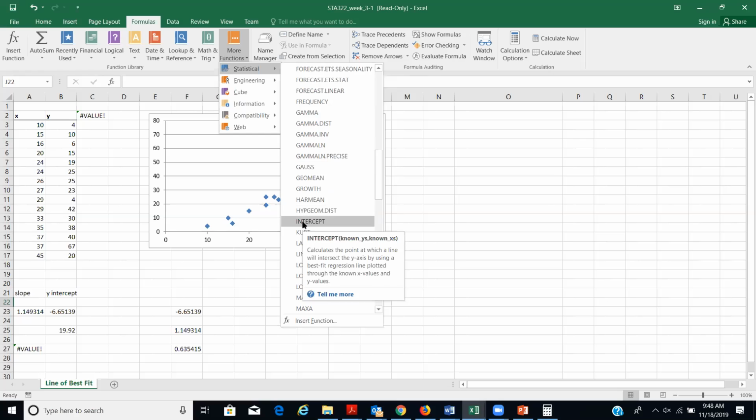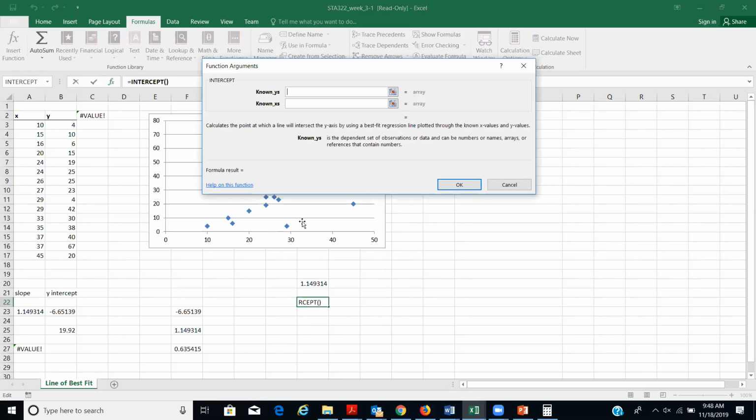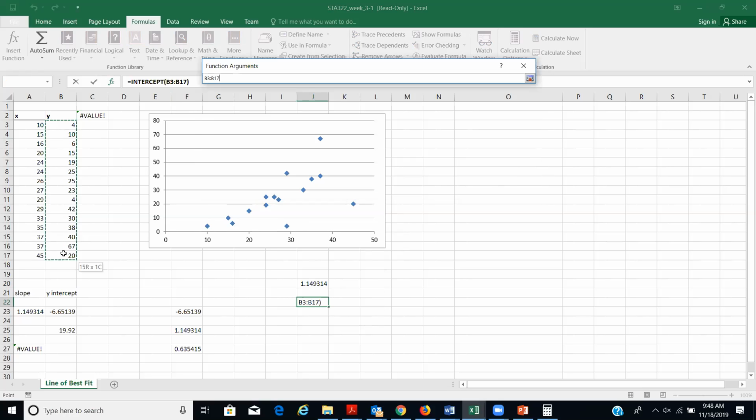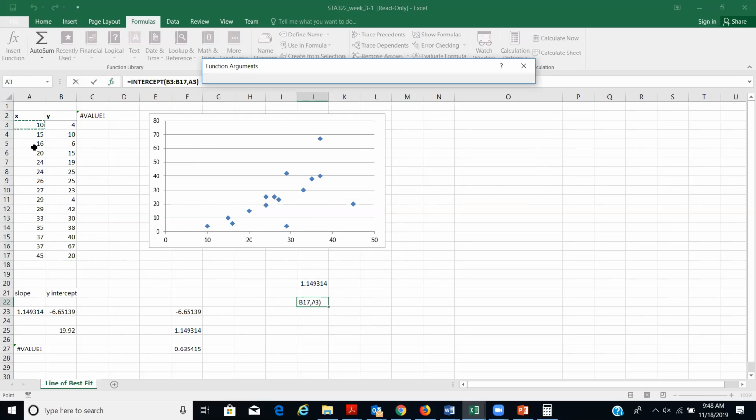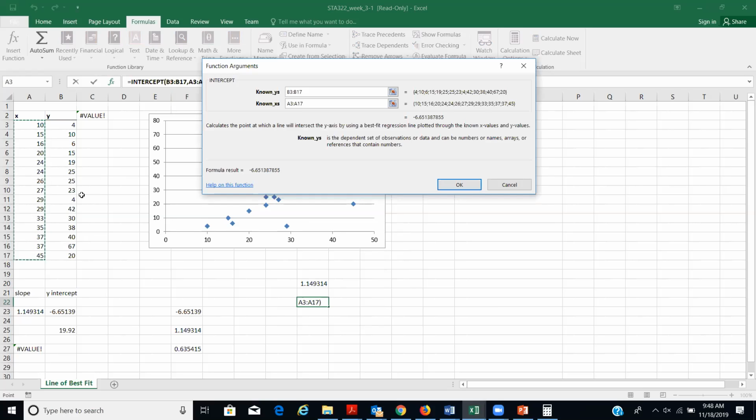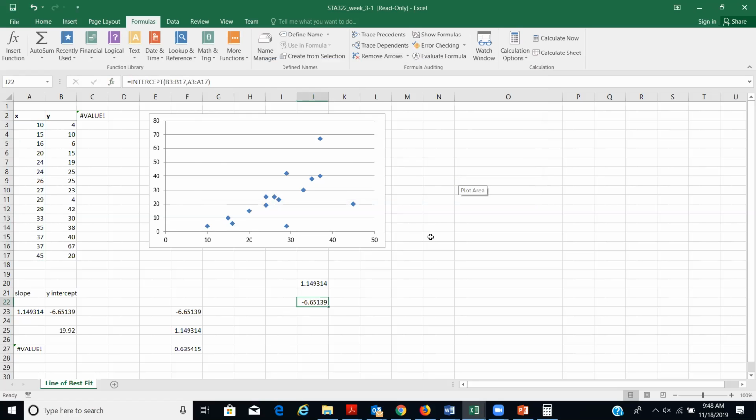Also, we can look at this particular description: calculate the point at which a line will intersect the y-axis. Okay, so again, we put in the known y's. And why they do this in reverse order, I don't know, but that's the way they do it. And the known x's. And again, we see the value here already calculated, plug it in.